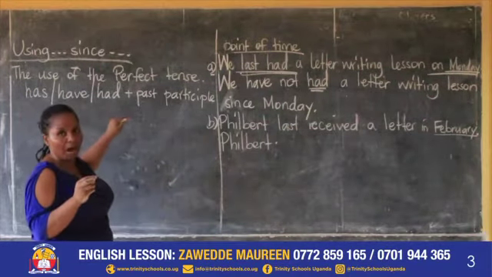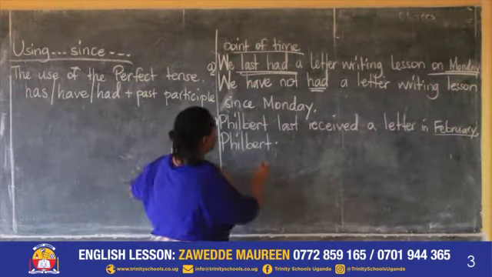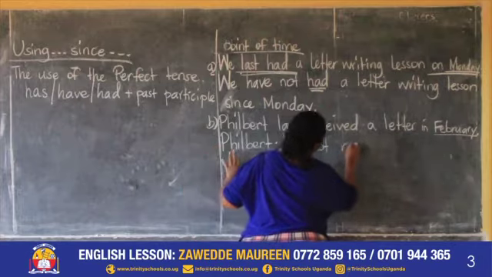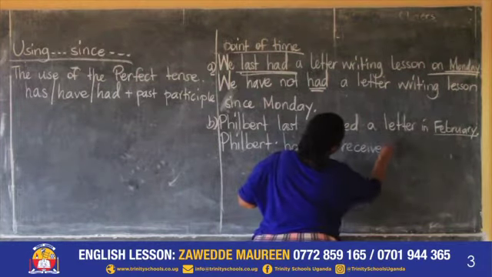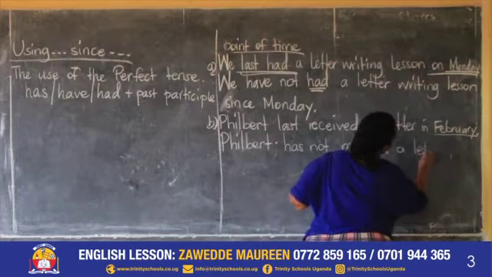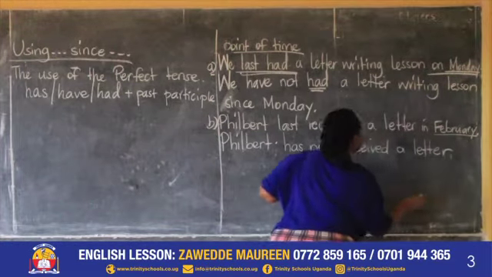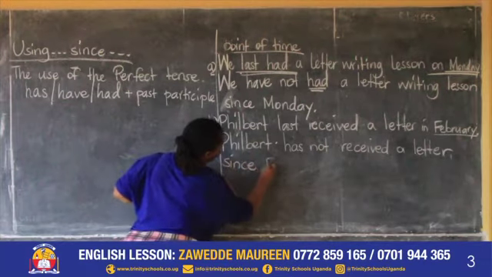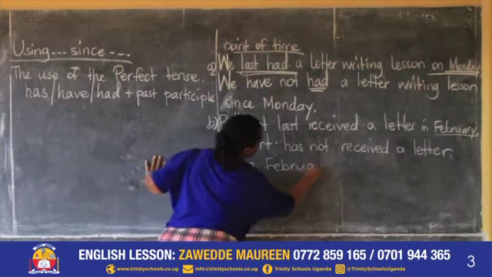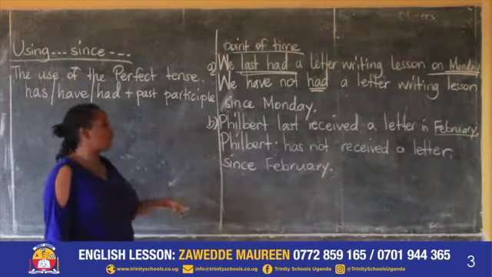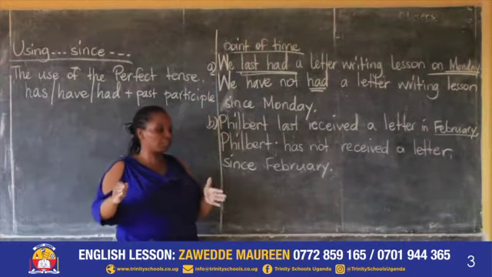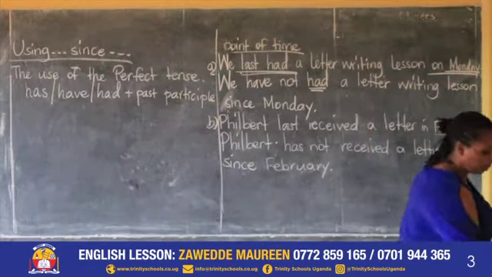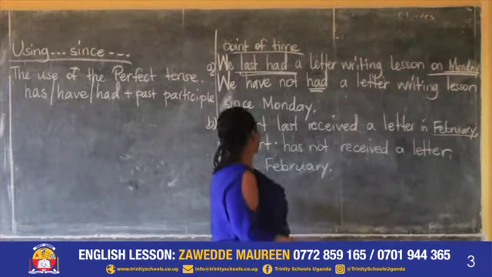Remember, we are using the perfect tense and say, Philbert has not received a letter, has not received a letter since February. Since that point of time, since February. Philbert has not received a letter since February. This last is expressing that he stopped at that particular time. Not up to now, he has not yet received another one.